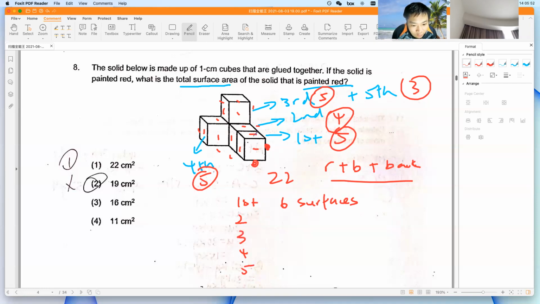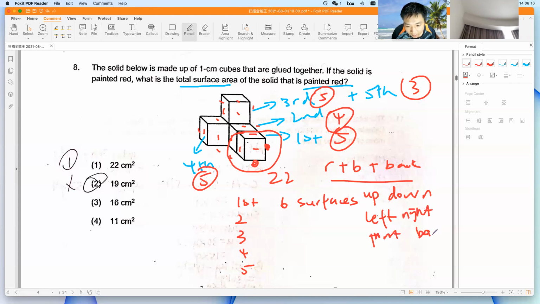So let's say for the first one, which is this, just count. The way to count is up, down, left, right, and then of course front and back. If you follow this, then it's harder to make mistakes.